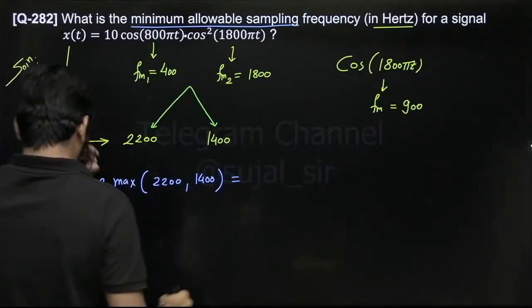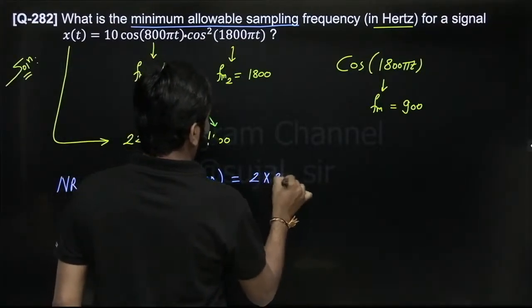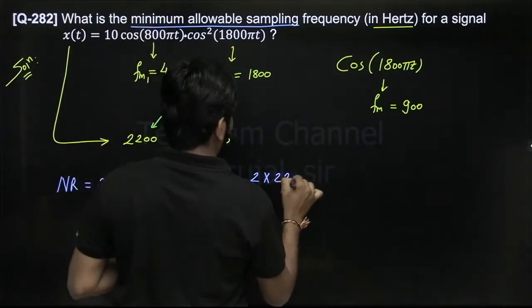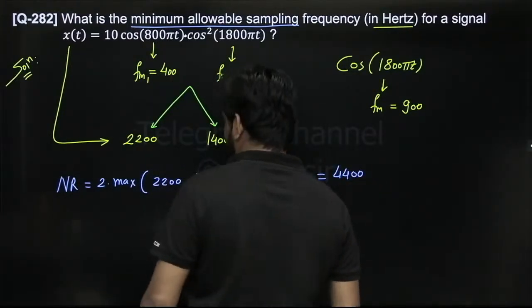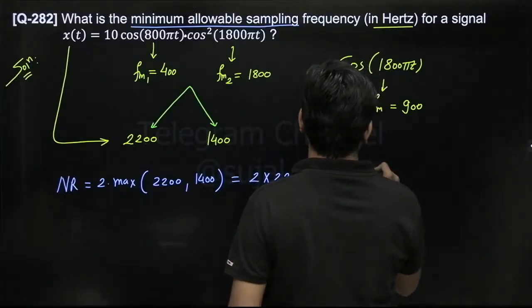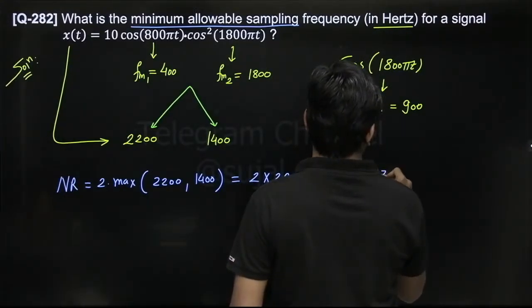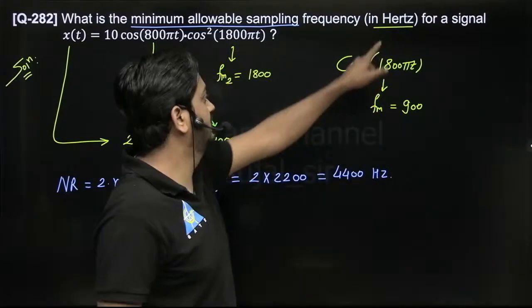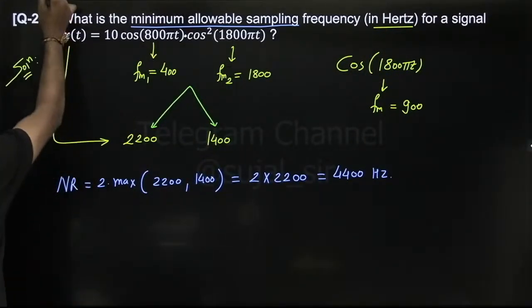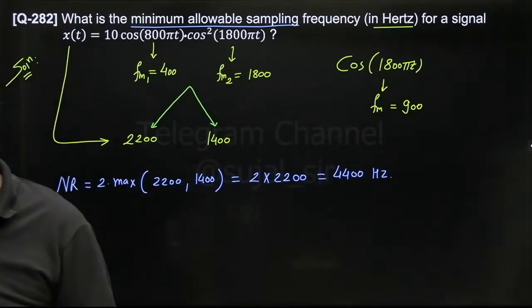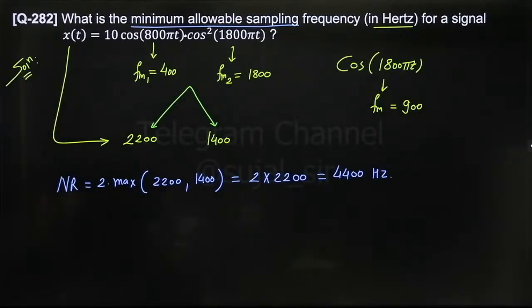So here 2 into 2200, which is nothing but 4400 samples per second, or hertz, guys. They are asking hertz. So 4400 should be right answer of this question. So this is the question number 282, guys. Correct? Okay, fine.